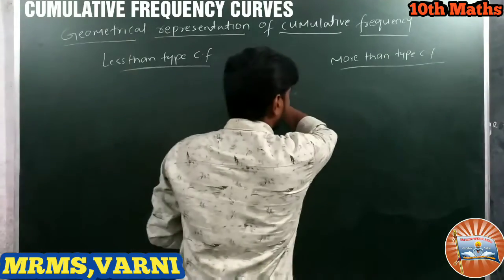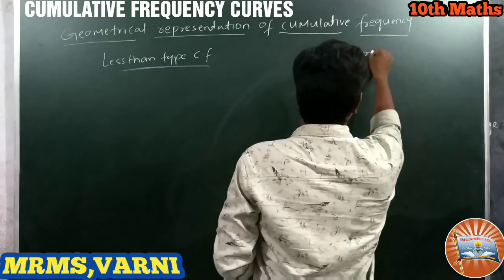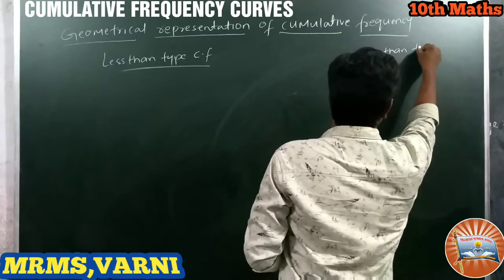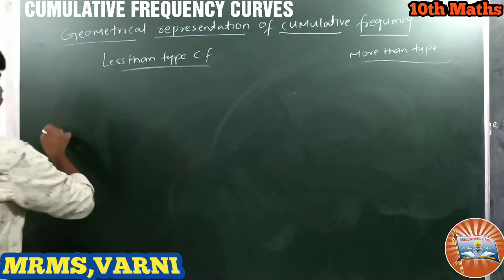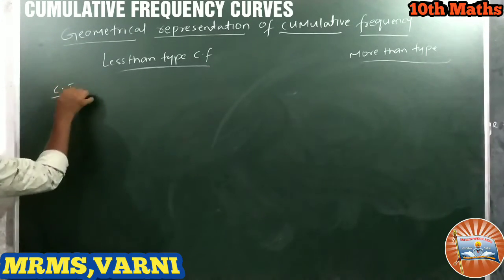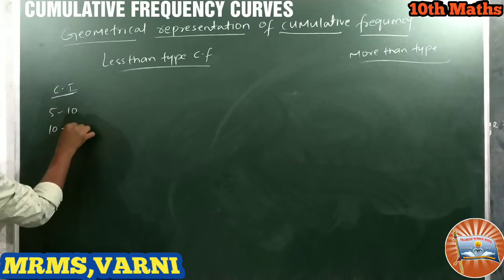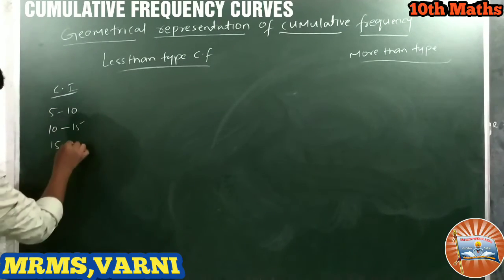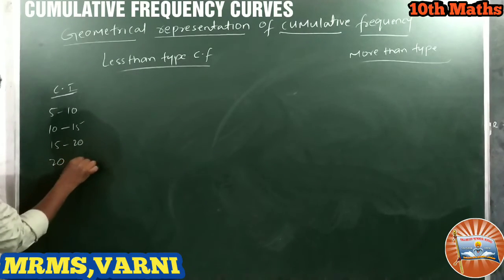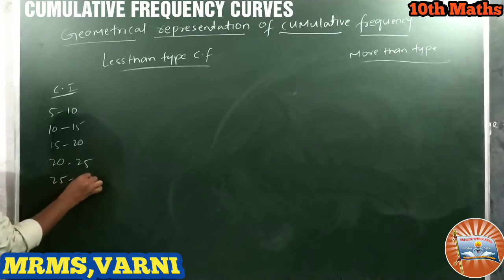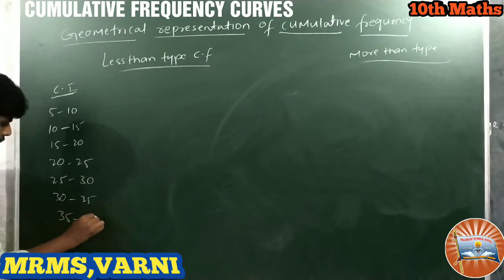So first of all, let us see here. I am taking some data here roughly. Class intervals: 5 to 10, 10 to 15, 15 to 20, 20 to 25, 25 to 30, 30 to 35, 35 to 40.